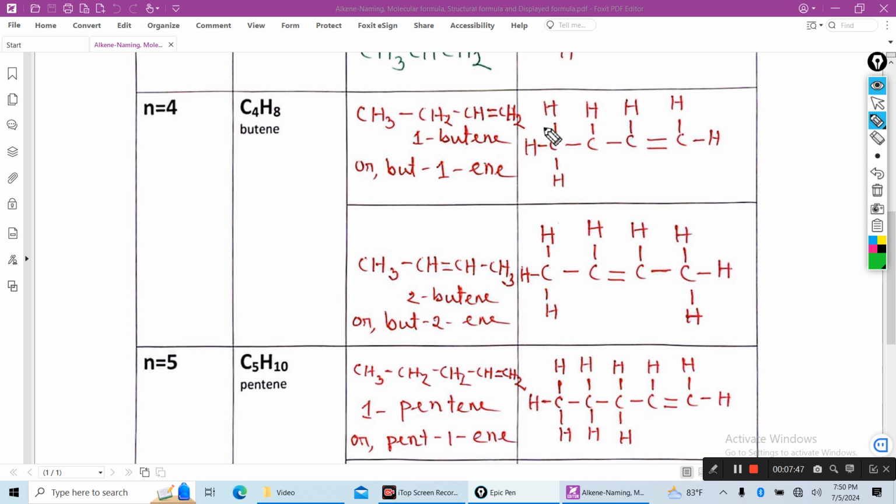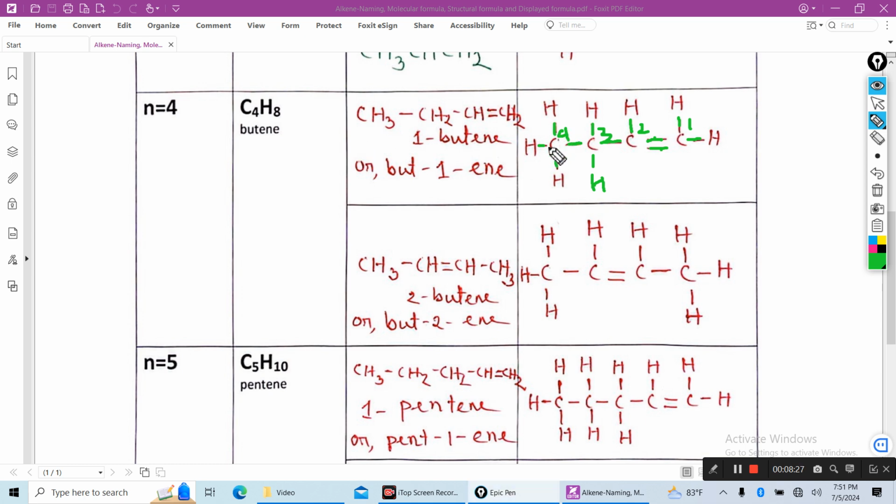If you write but-1-ene's displayed formula, number the carbons 1, 2, 3, 4. Carbon 1 contains the double bond, so 2 hydrogens are needed. The next carbon, carbon 2, needs 1 hydrogen to reach valency 4. Carbon 3 also gets 1 hydrogen, and the left-hand carbon needs 3 hydrogens.